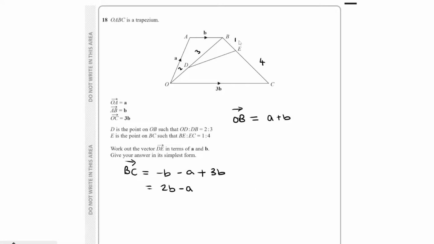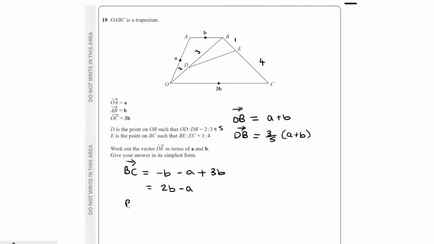And then I just applied the ratios. You need to convert them into fractions for the section of the line that you want. So from OB, DB is the 3 part, isn't it? So that's 3/5 because you add up the parts to make the denominator. So that's 3/5 of the whole line OB. You can expand that if you want.